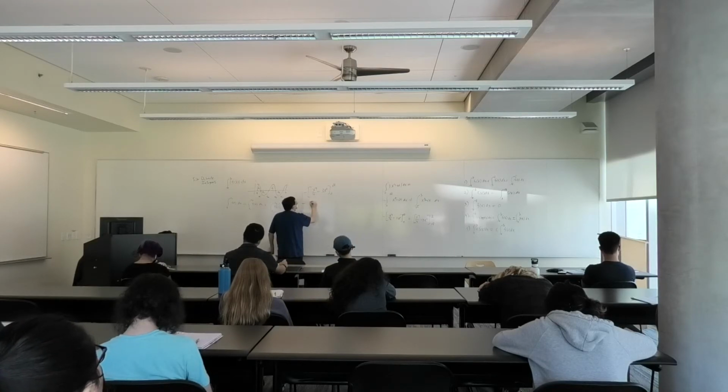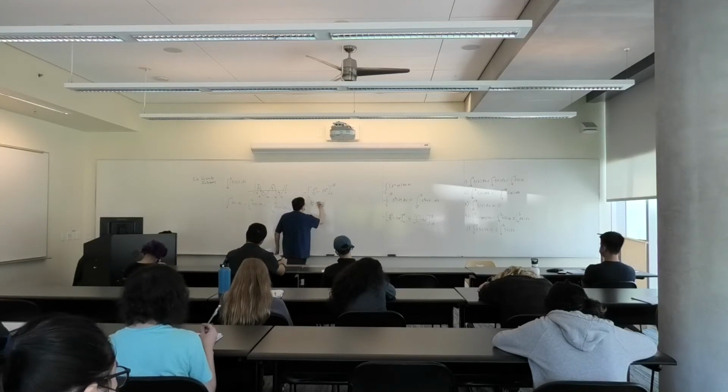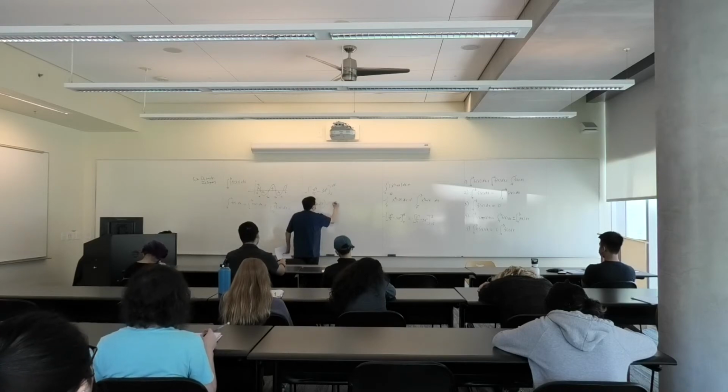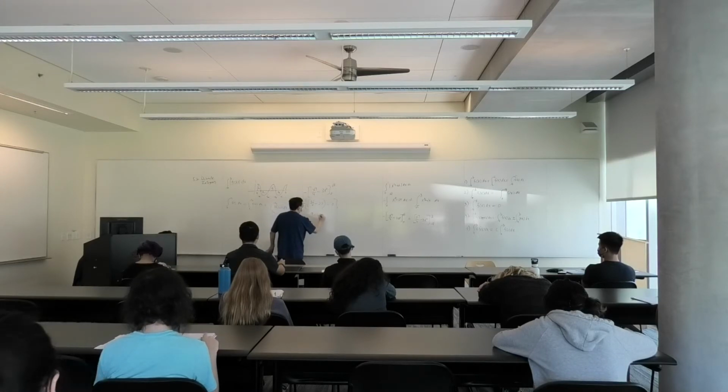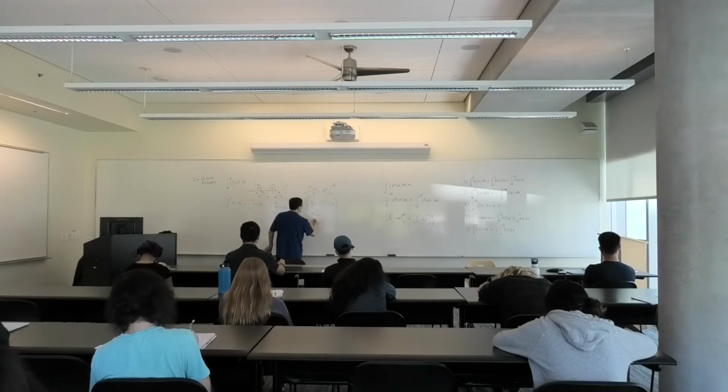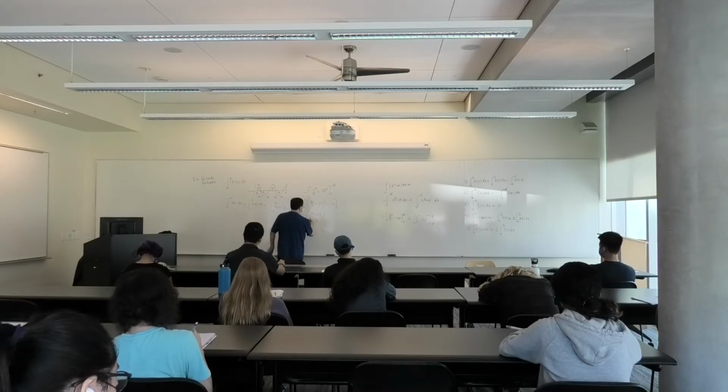So that's 36 over 4 minus 27 minus 0. Doesn't really matter. So this is 9 minus 27, or minus 18, or 18.